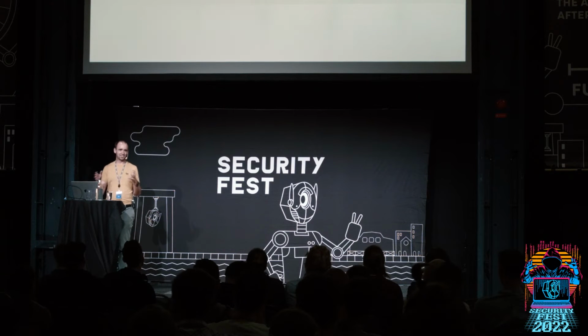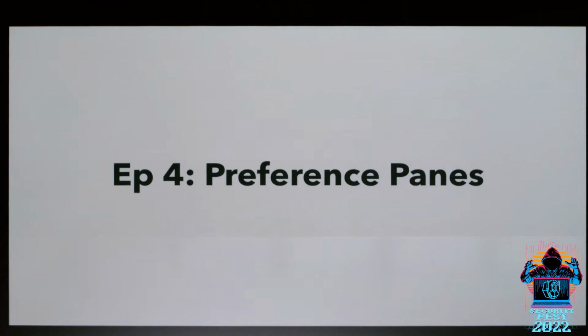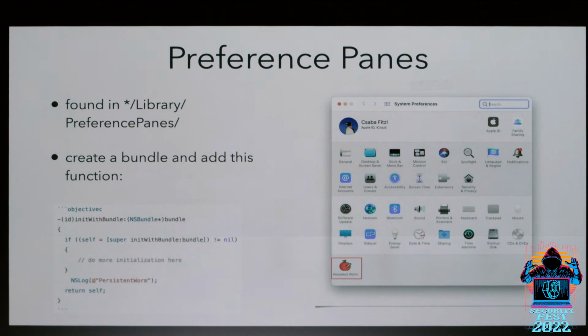So all this detection I talk about is probably more relevant in an enterprise environment when you log what's happening on your Mac devices. The next one is preference panes. What are preference panes? On macOS, we have this System Preferences application, which is there to configure many settings on macOS.